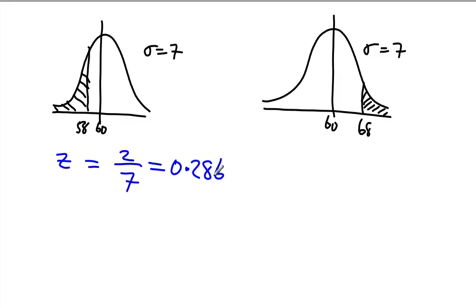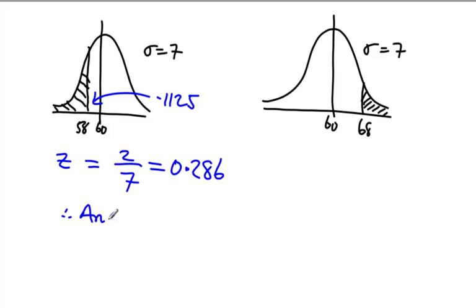So 0.286 in my tables here is 0.1125. So that bit, 0.1125 off the tables. Correct, because the tables always give you the bit by the middle. We don't want the bit by the middle because our diagram says we want that bit, so we go 0.5, take away that.